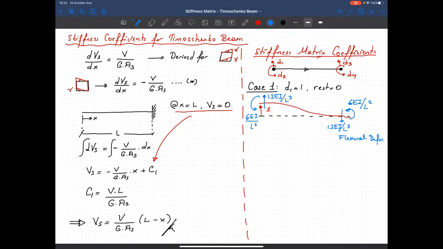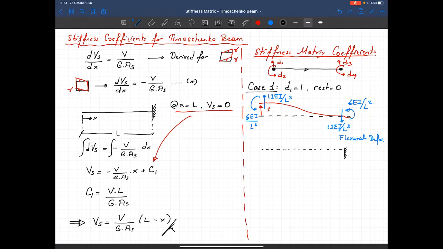Okay. Now, we said that we will be considering the shear deformation. So as you see, I have a shear force on this member, and when we have a shear force, it will cause shear deformation. So let's plot that also. So this part, let's assume that is fixed. No deformation here.